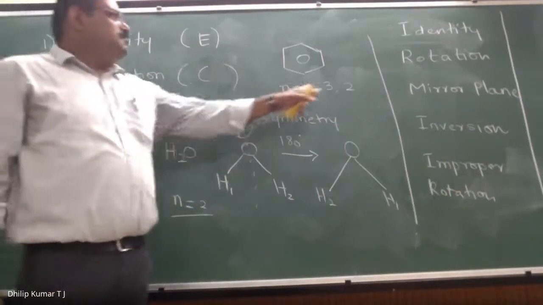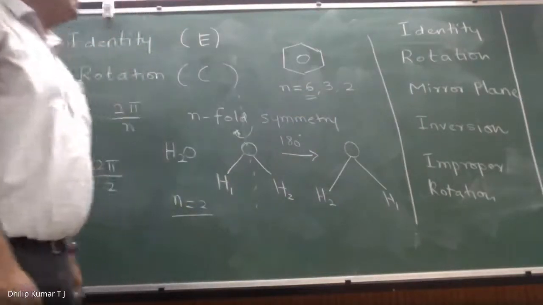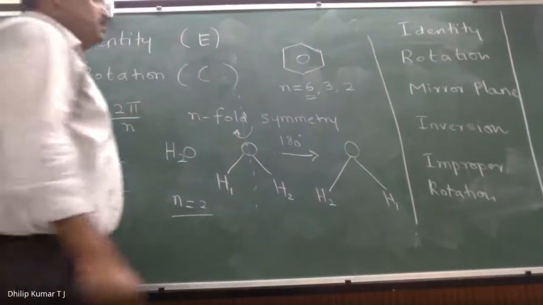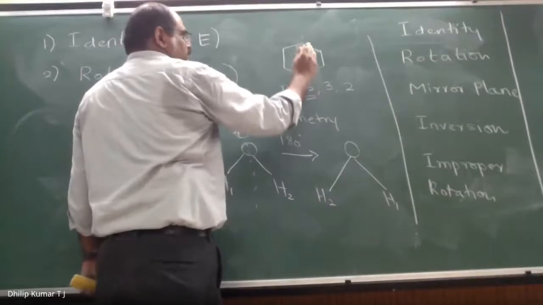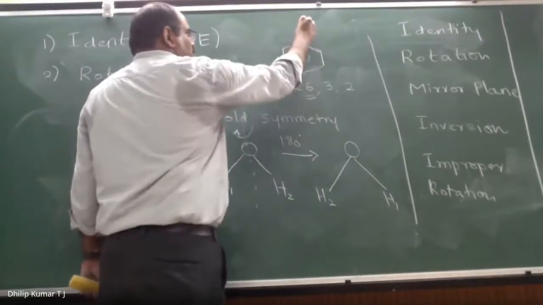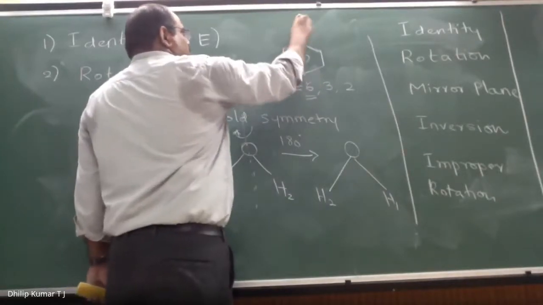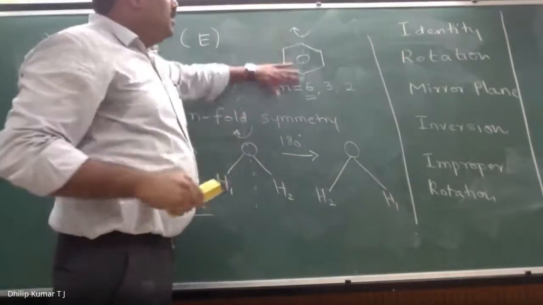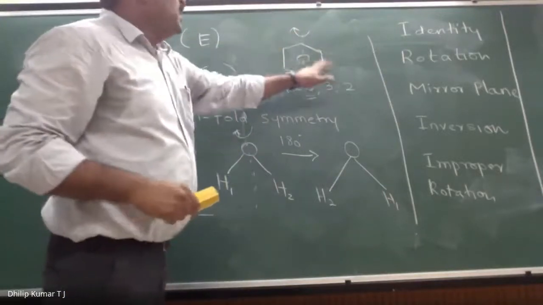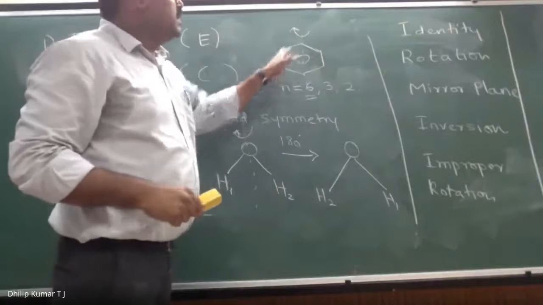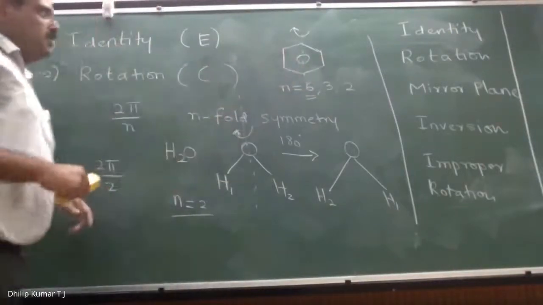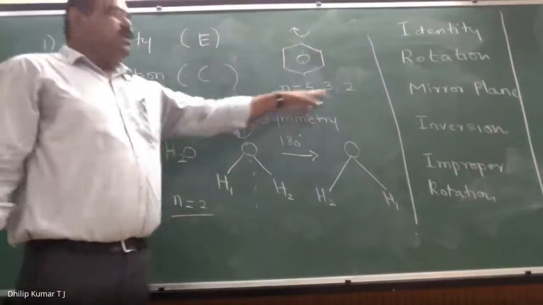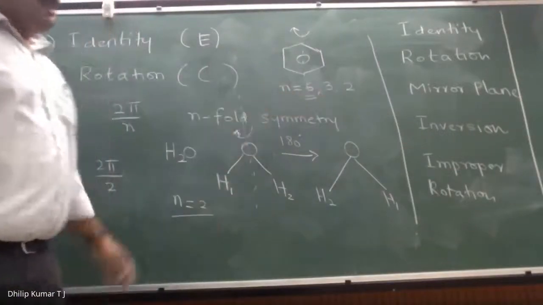And also n equal to 2, right? How is it possible? The molecule is on this board, and then you can rotate it. So these 2 atoms can go this side, and these 2 atoms can come this side. So you can just flip it, 180 degrees flipping. So that is n equal to 2. So all 3 possibilities are there.